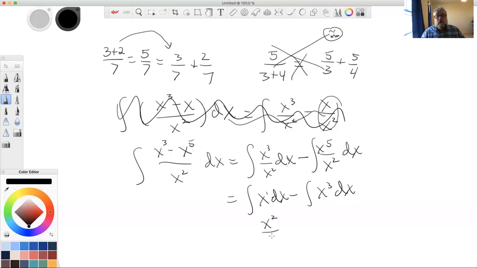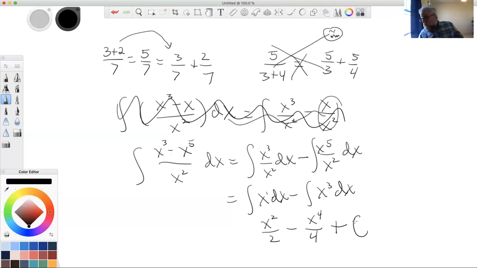This is x squared over 2 minus n is 3, so 3 plus 1 is 4, x to the 4th over 4 plus c. This is similar to, let's see, which one was it? Homework problems. There it is, number 31. It's like number 31.